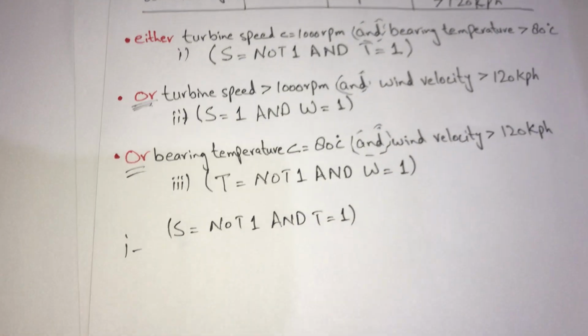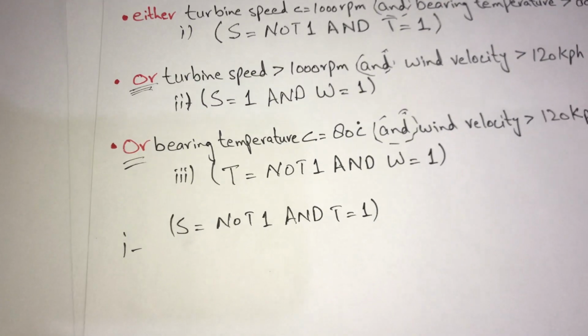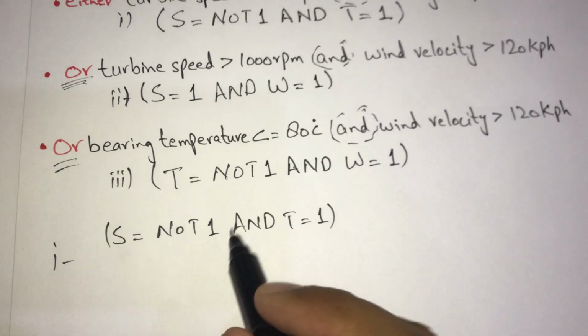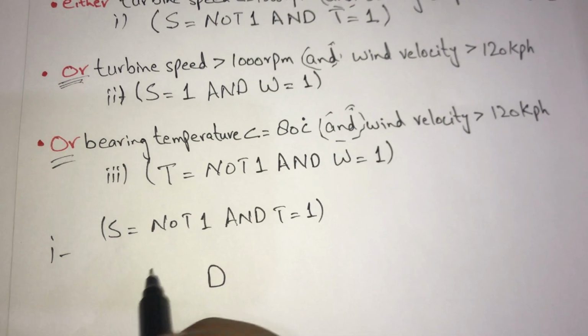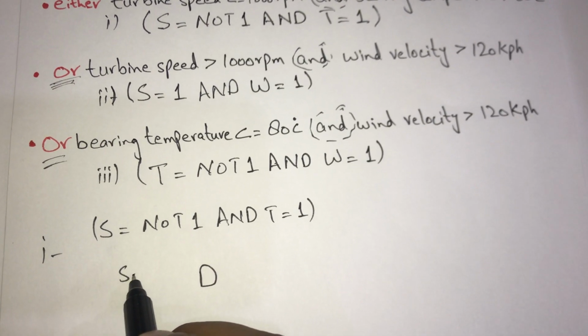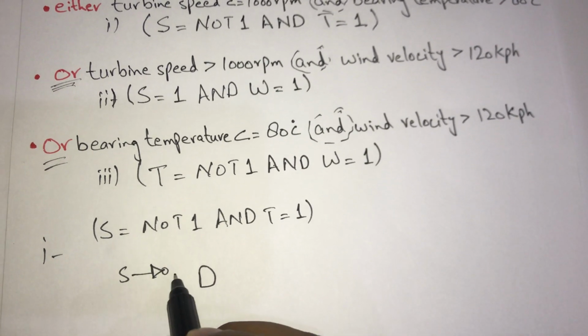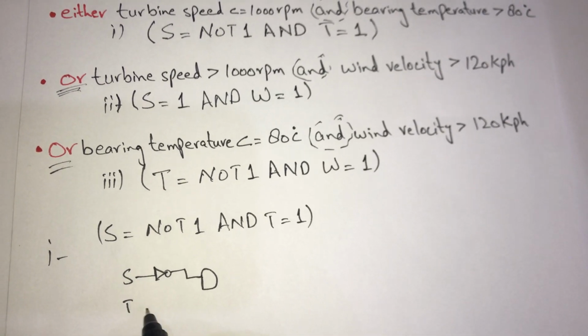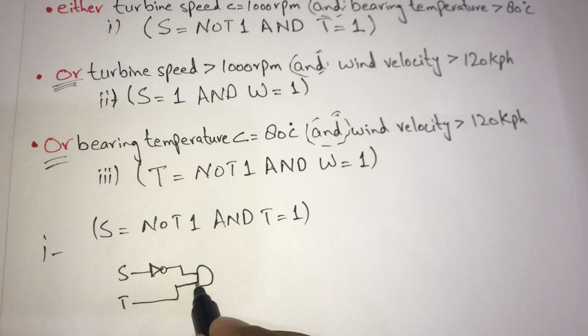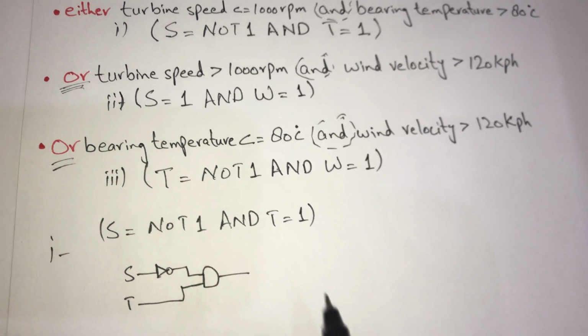We will construct a logic circuit for this. First of all, an AND gate is used, with S not 1 as an input, and T is equal to 1. This is the output.